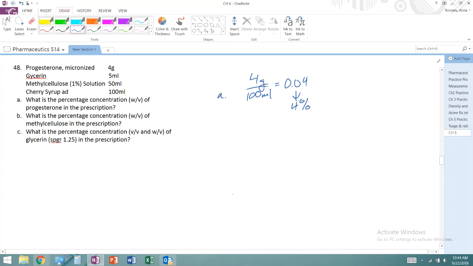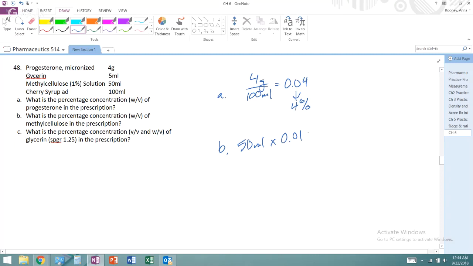And then, what is the percentage concentration of weight per volume of methyl cellulose in the solution? So this one's a little bit trickier, not that much trickier, but trickier. You take the 50 milliliters and you have to find the amount in the 50 milliliters.